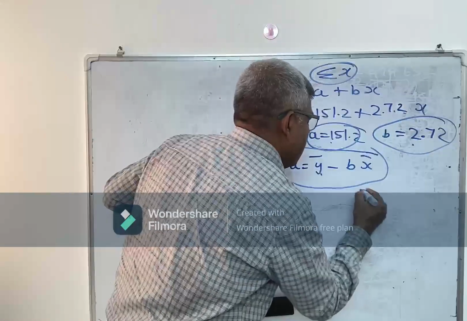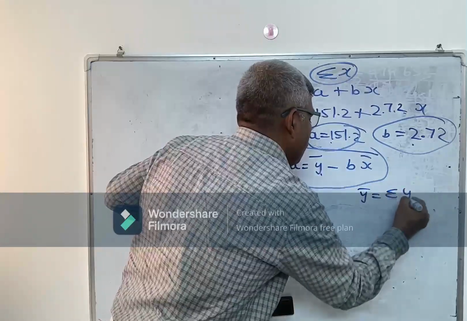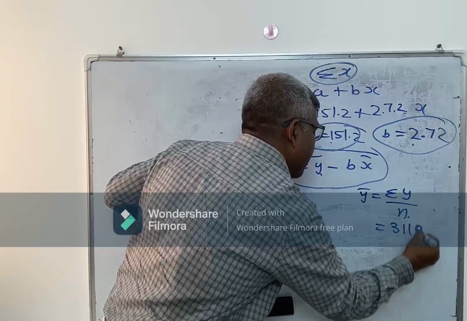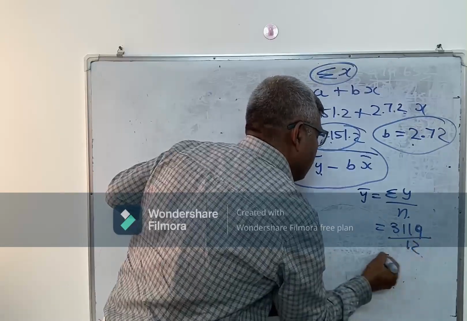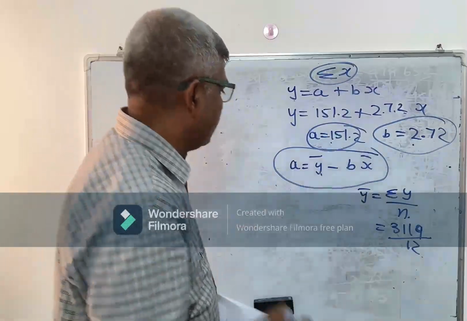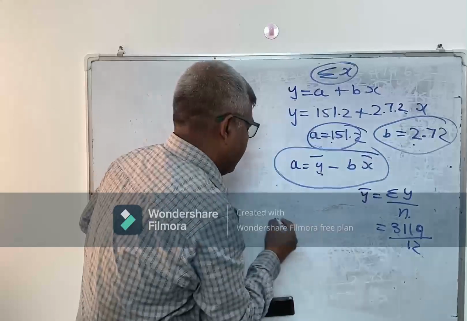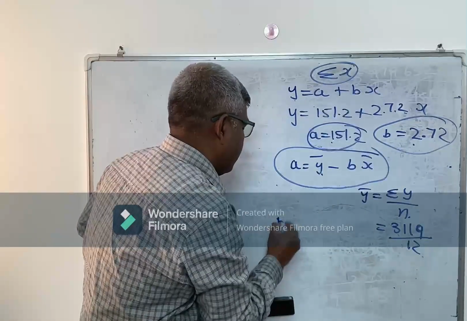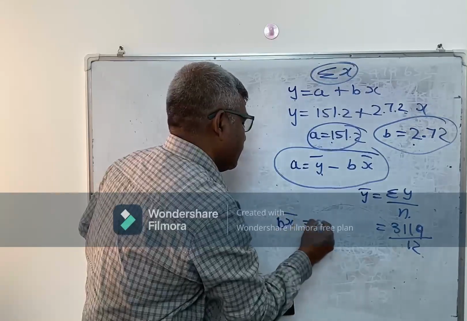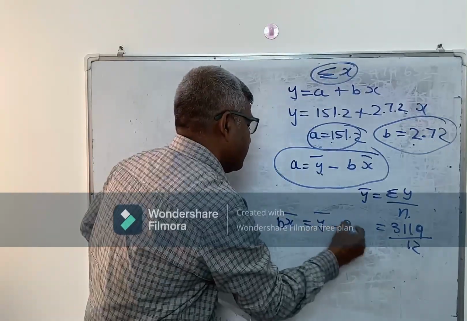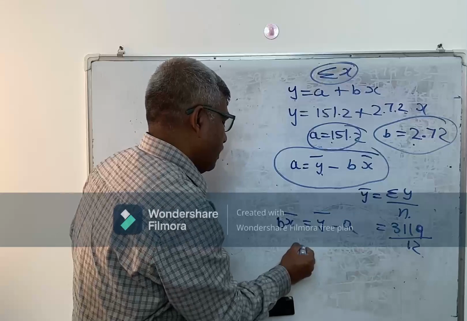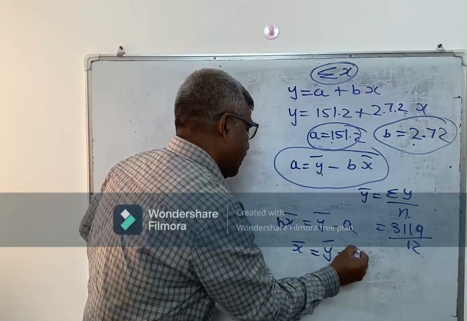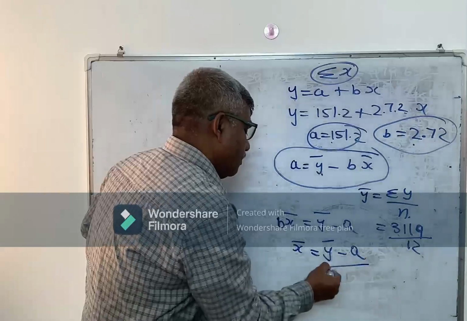y bar is sigma y over n, sigma y is 3119 over 12. Now x bar, I am rearranging the equation. b x bar coming to this side is equal to y bar minus a. So x bar is y bar minus a, over b.